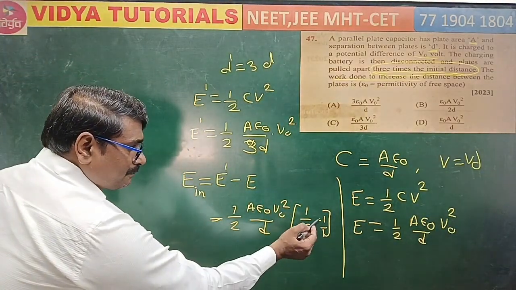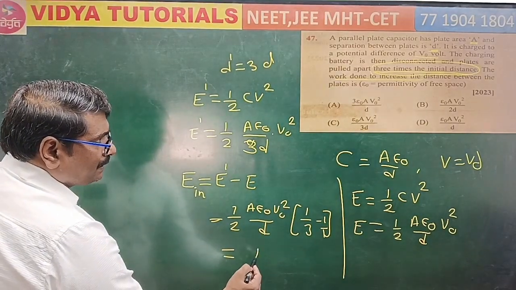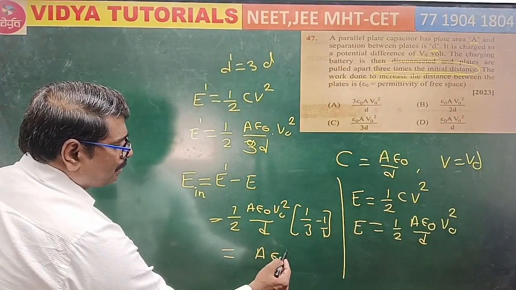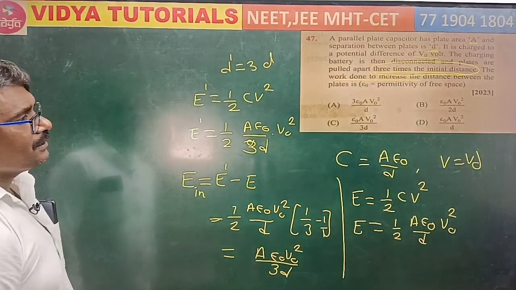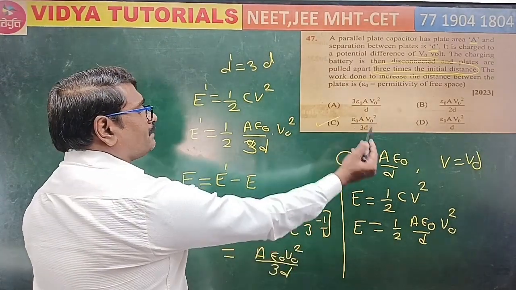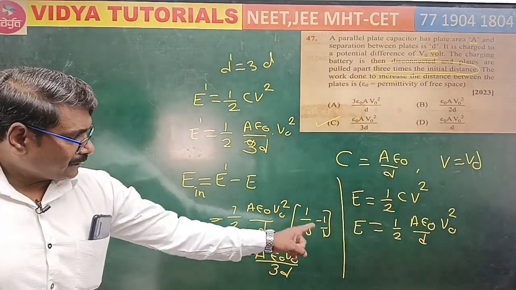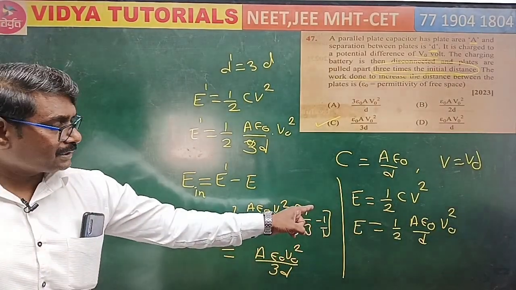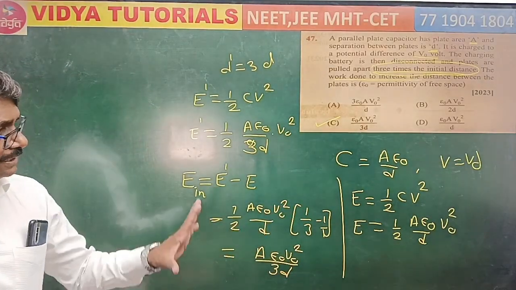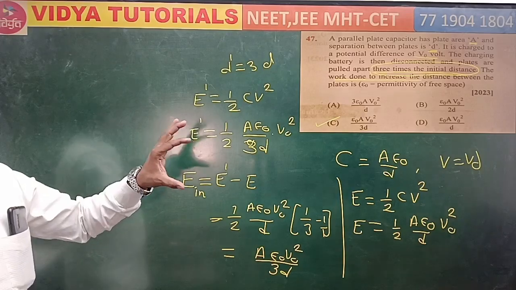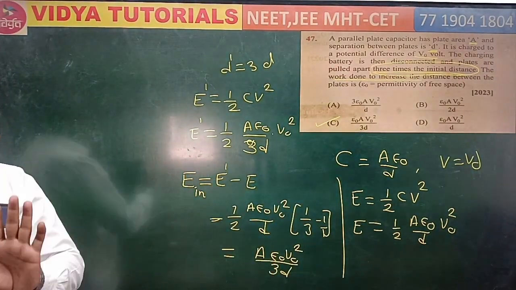Therefore after this, here we get minus 2, the 2 gets cancelled, 3 here, therefore the answer will be A epsilon naught V naught square upon thrice d. Therefore the correct answer is this one. By the mathematics, 1 minus 3 means minus 3, 1 minus 2 divided by 3 as it is, minus 2 and these 2 cancel, here is a minus answer, but work done will be increased, means that the energy will be decreased.